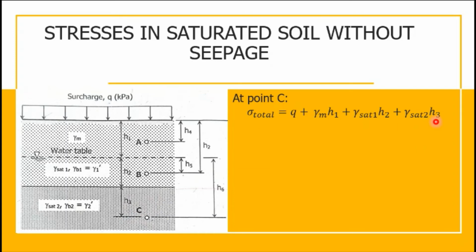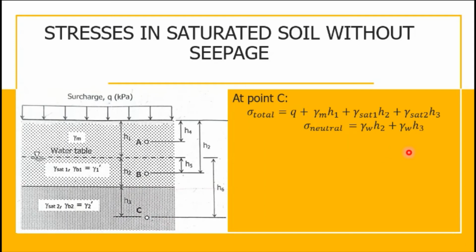And then if we get the neutral stress, it is the neutral stress from this layer or this point down to this point. So the neutral stress is equal to the unit weight of water, H sub 2, this is H sub 2 again, plus the unit weight of water down to this point, H sub 3.